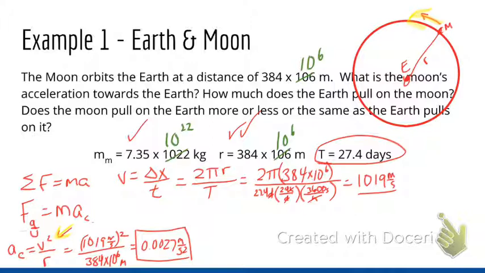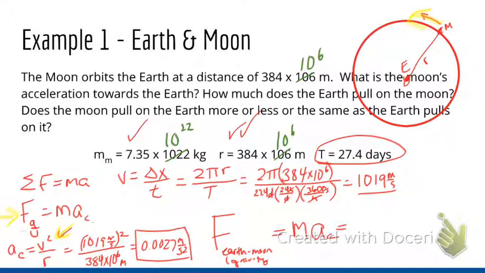So we're going to use that value here that I just boxed, and we're going to use that in here to find the force of gravity of the Earth pulling on the Moon. So the force of the Earth on Moon, aka gravity, is going to be equal to the mass of the Moon times the centripetal acceleration, which you just found.